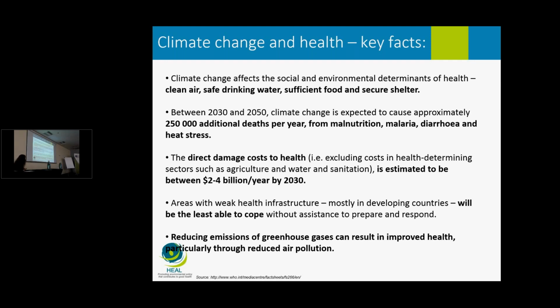The direct damage to health is estimated to be from $2 to $4 billion per year by 2030. And it's the same with air pollution worldwide. Also, mostly in developing countries there are the most problems, and those countries will be the least able to cope without assistance to prepare and respond to this impact. And reducing emissions of greenhouse gases can result in improved health, particularly through reduced air pollution.